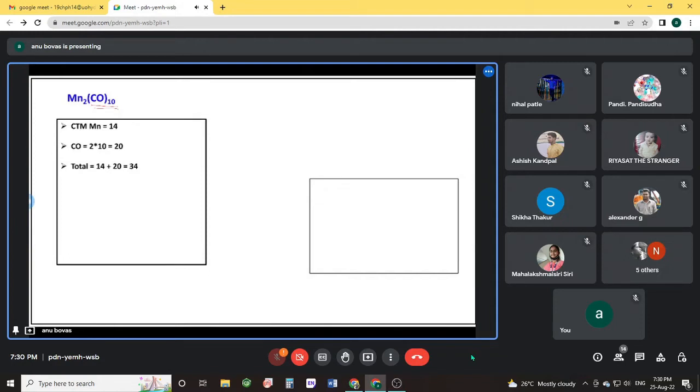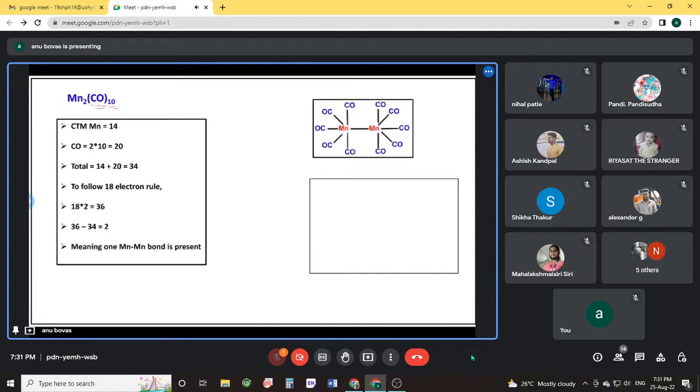In order for a complex to be stable, it should follow the 18 electron rule. That means it should have 36 electrons. So it is short of 2 electrons. Those 2 electrons can be obtained from 1 Mn-Mn bond. Therefore, the structure will be like this, where one Mn-Mn bond is there and 5 CO ligands are attached to each manganese central metal atom.